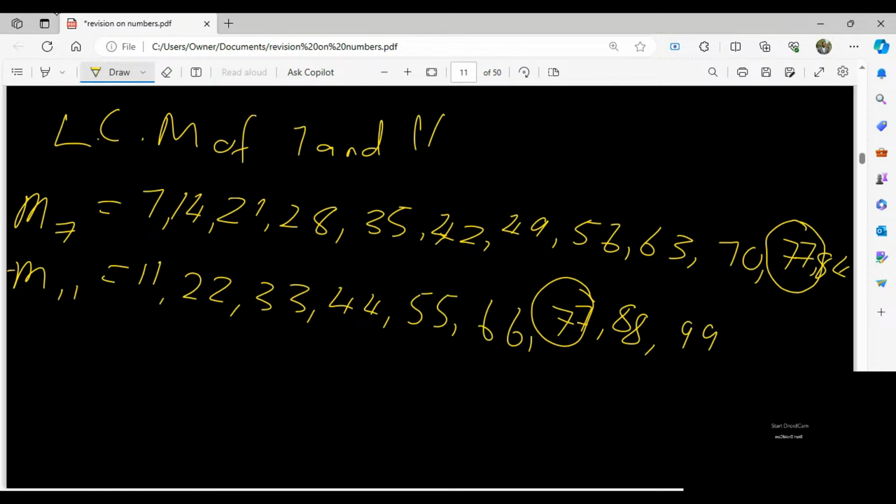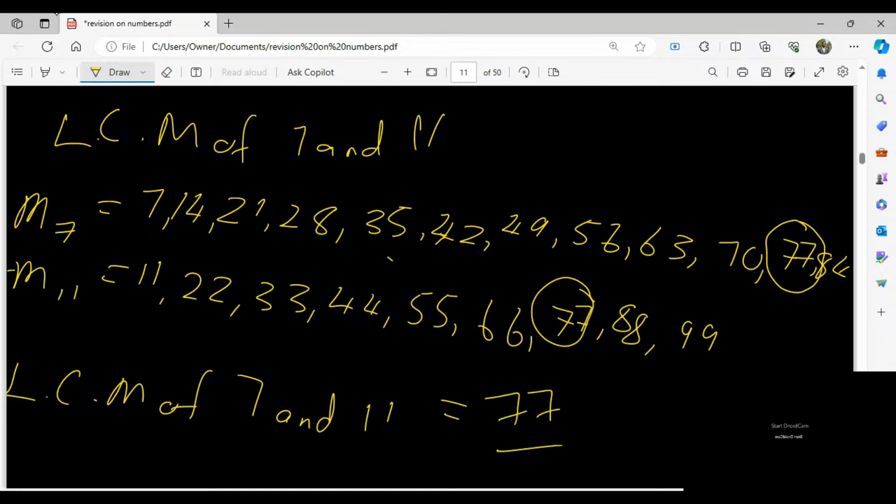So the lowest common multiple of 7 and 11 is equal to 77, like this. Very simple stuff. All right. So that is a bit on that.